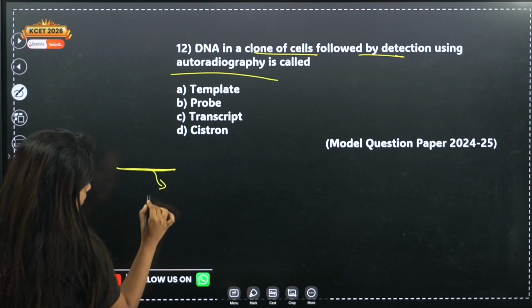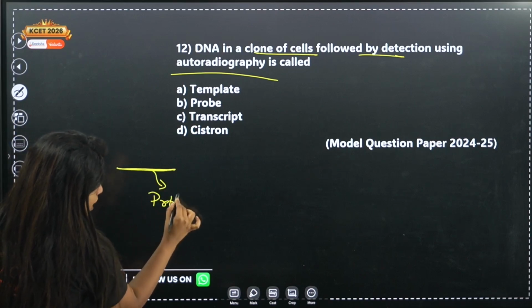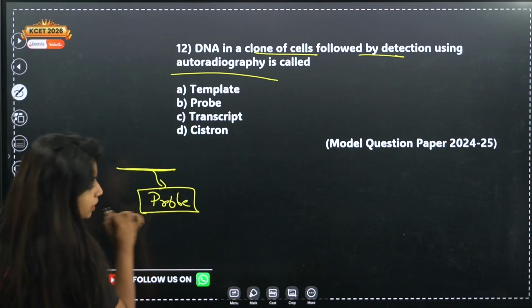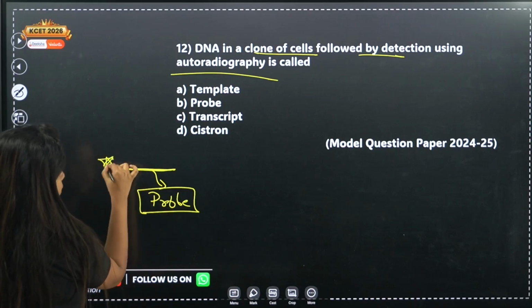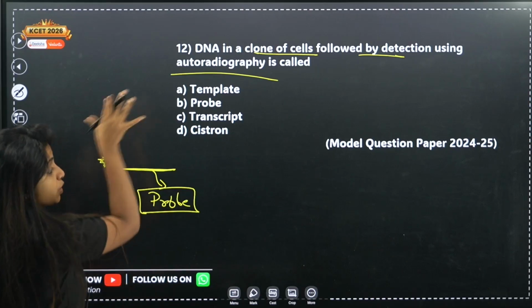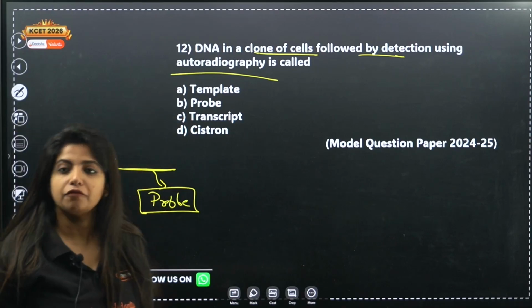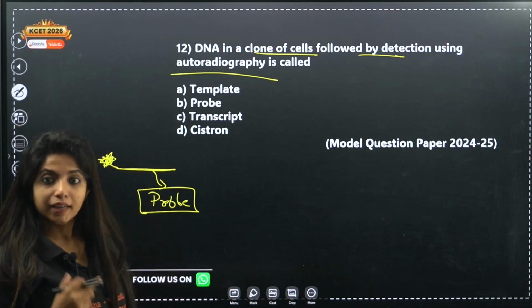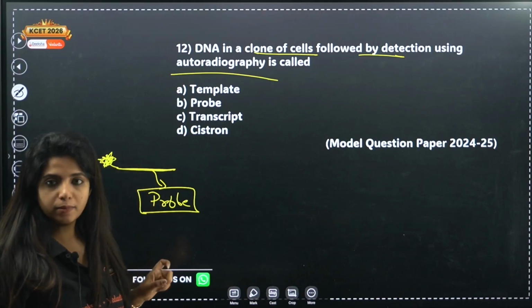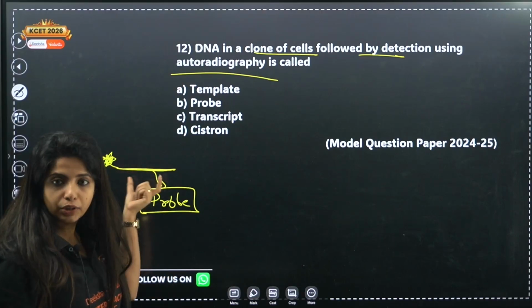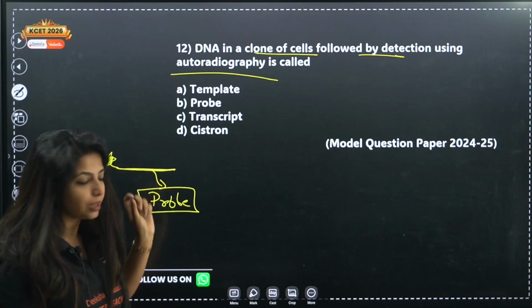This segment of DNA is known as a probe. Why? Because usually it is attached to something which makes it visible under the autoradiography machine. Now, the function of this probe is that I know the genetic nature of this particular probe.